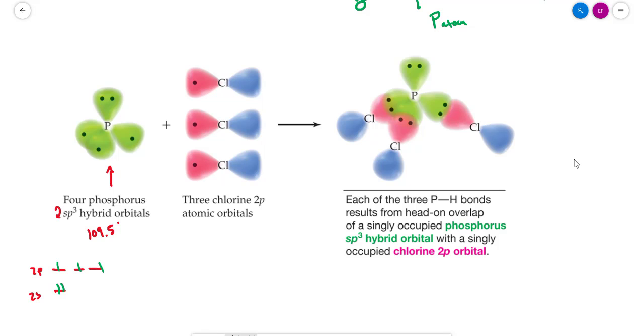Once those were hybridized into 4 equivalent orbitals, we smashed those in like this, and these were the sp3s. So these two became the lone pair, and these 3 became the 3 that will eventually form the bonds with the chlorine.